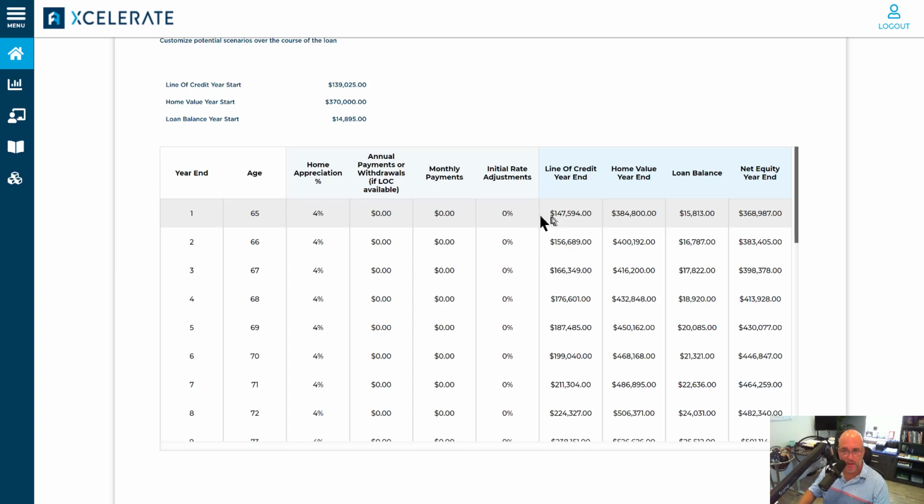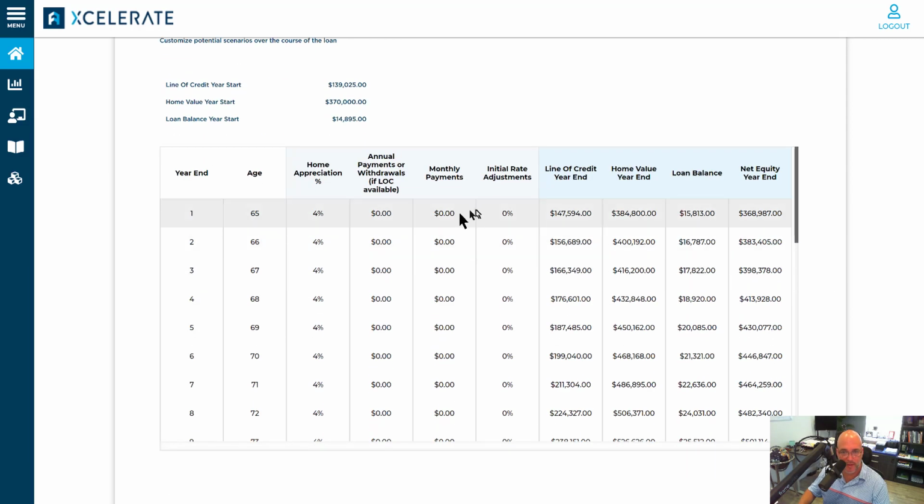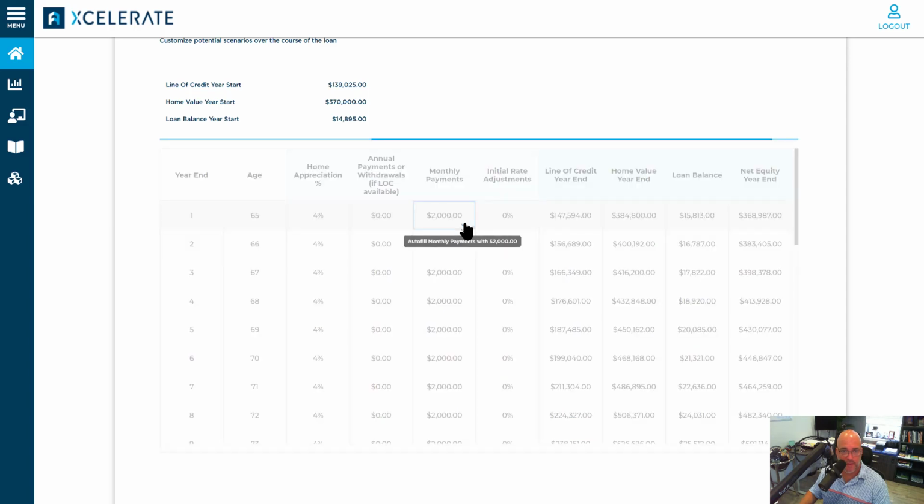And so line of credit, we're going to say, instead of pulling money out, we're going to leave the money in to grow. We're going to take $2,000 a month out. And of course, these are tax-free distributions. And let's just go ahead and pull that out till 70.